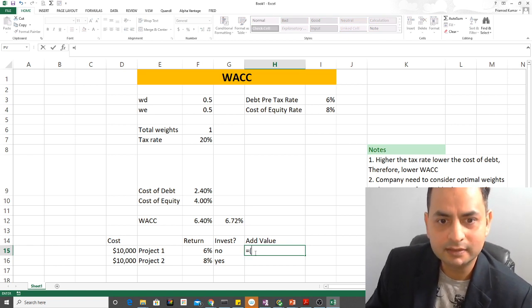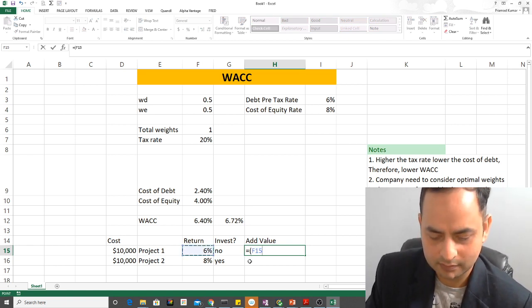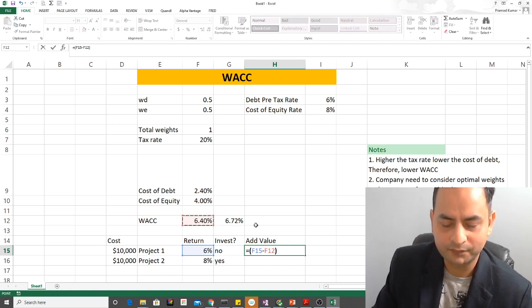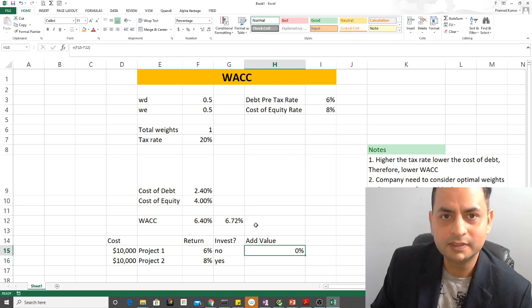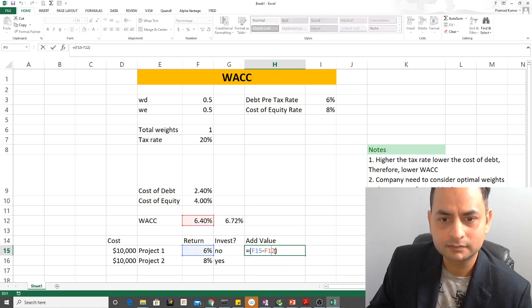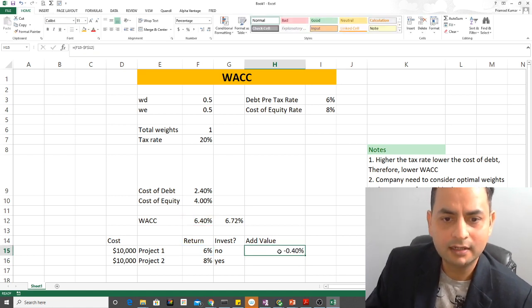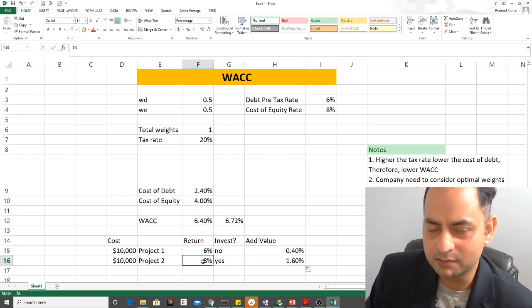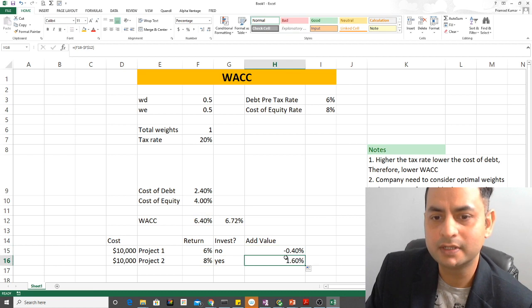So if this is 6% and this is my cost, the company will lose 0.40%. At the same time, if the company invests in project 2, it will add value of 1.60%.